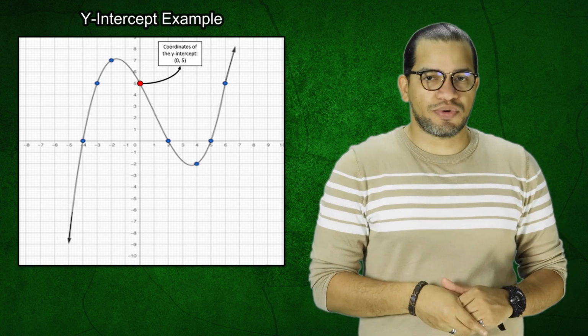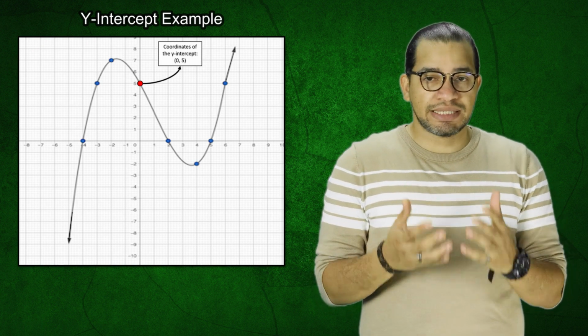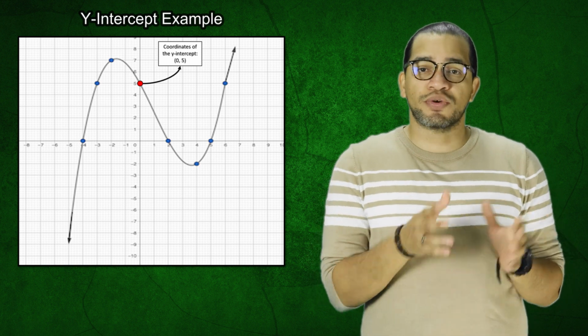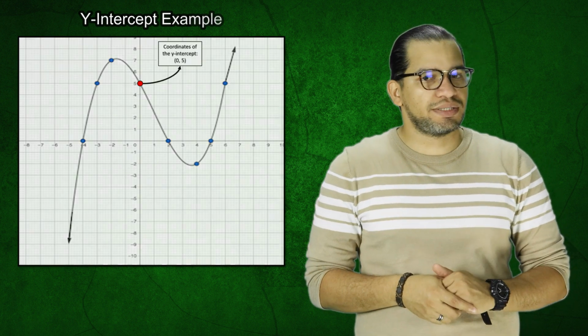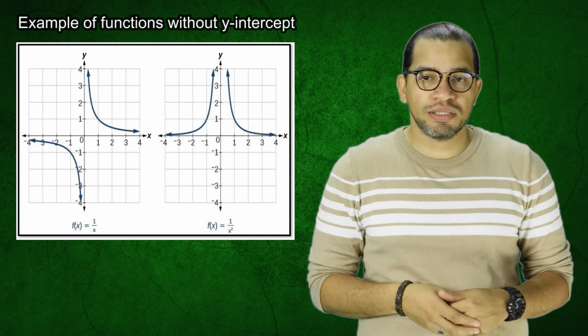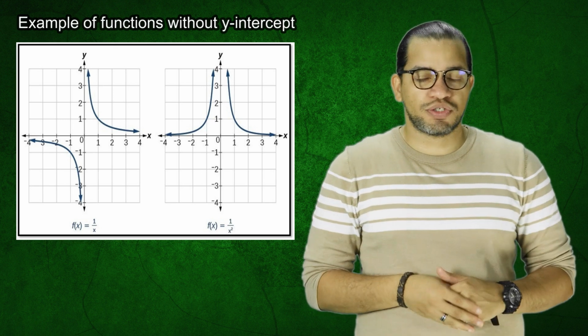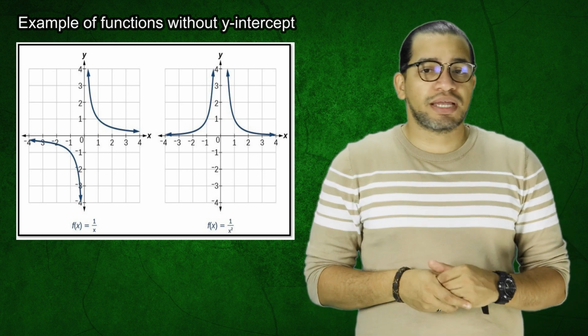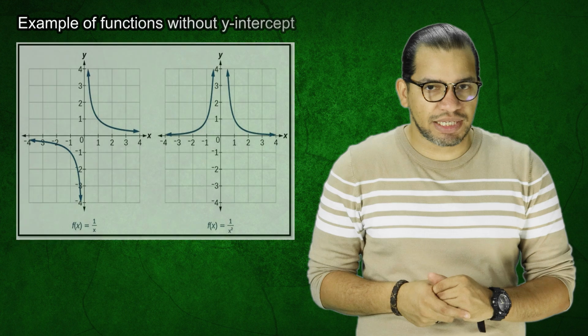The y-intercept of a function y = f(x) is the point (0, f(0)). Graphically, we can see this y-intercept as the intersection between the graph and the y-axis. Not all functions have y-intercepts, but if they do have one, then that y-intercept is unique, because if they have more, then the concept of a function is not satisfied.